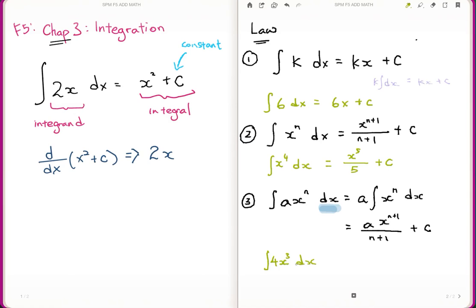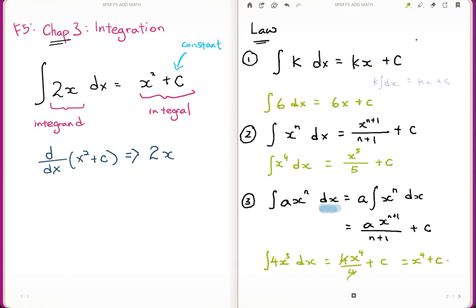X cubed, so bring out the 4, factorize it, 4 times x to the power 4 over 4, plus c. 3 plus 1 is 4. So therefore 4 and 4 cancel, therefore it goes to x to the power 4 plus c, which will be the answer.